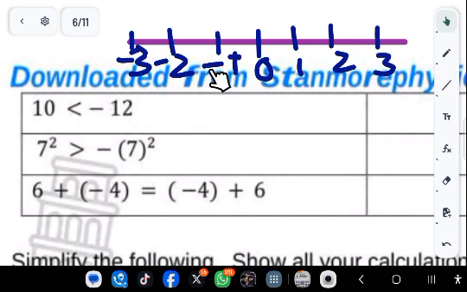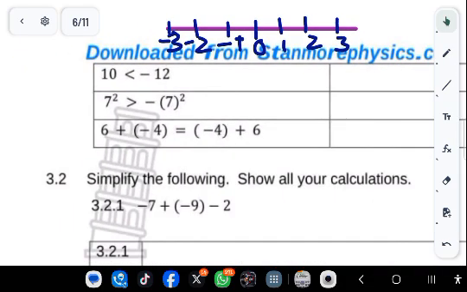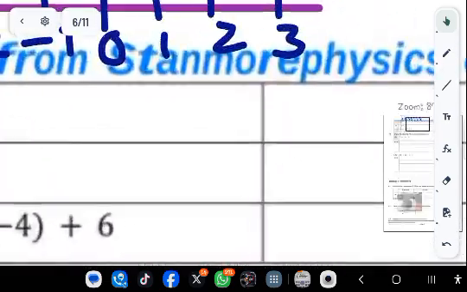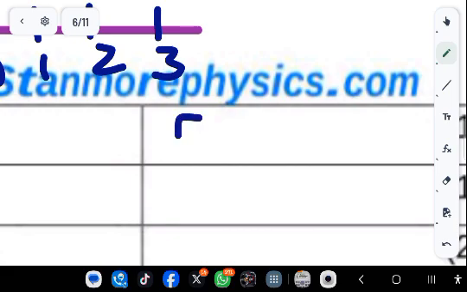When you go from the left to the right, they get bigger. When you go from the right to the left, they get smaller. So -2 is bigger than -3, because it's to the right of -3, and that's how you figure out which is bigger and which is smaller. 10 is less than -12 is not true at all. That's false.